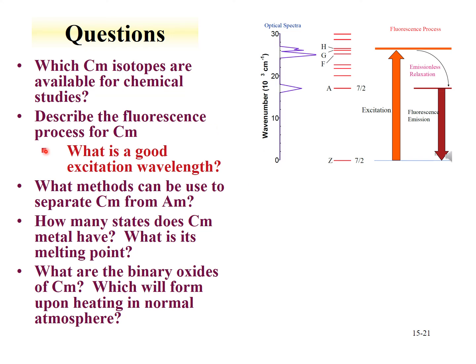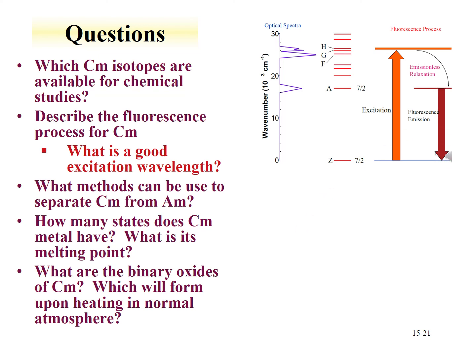A good excitation wavelength is 375 if you look at the optical absorbance spectra for curium. You'll see that 375 is a reasonably good peak. 400 could also work. It also depends upon the strength of the laser system, but one thing you do notice is that the wavelength of the excitation will be less than the wavelength of the emission because of the energy change.